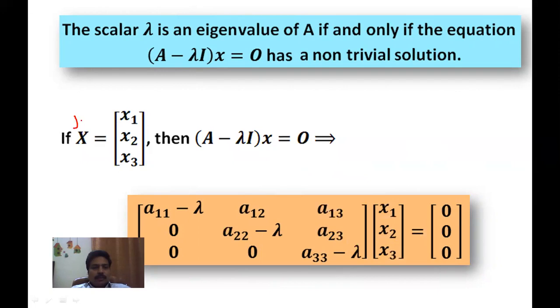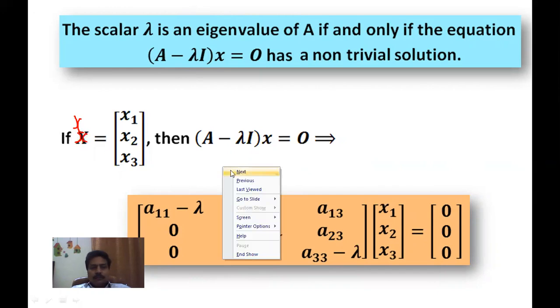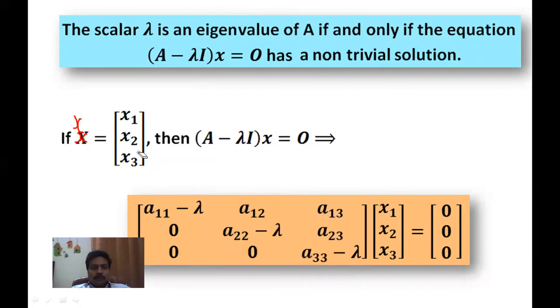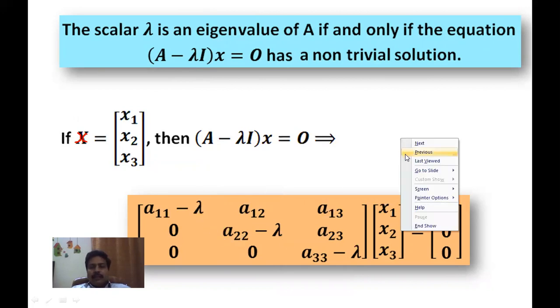This is small x. So this is A minus lambda I, and this is x, and this is O.